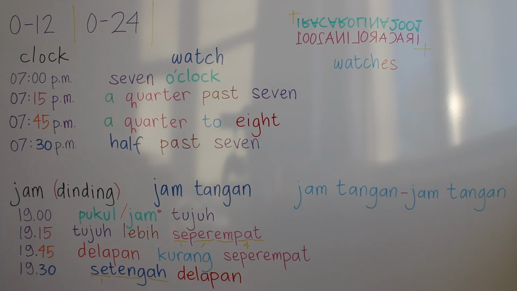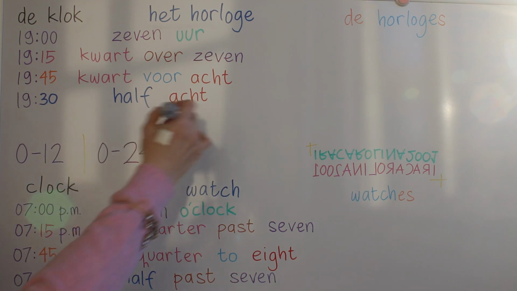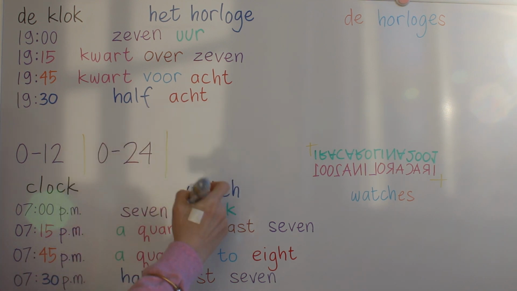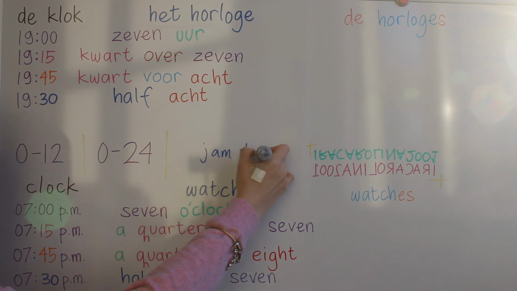8, half, 8. We use this one because we inherit this from Dutch, because in Dutch they also use half and then 8 instead of 7:30 in English. In Indonesian language or Bahasa Indonesia, for jam tangan or watch, we use jam tangan.